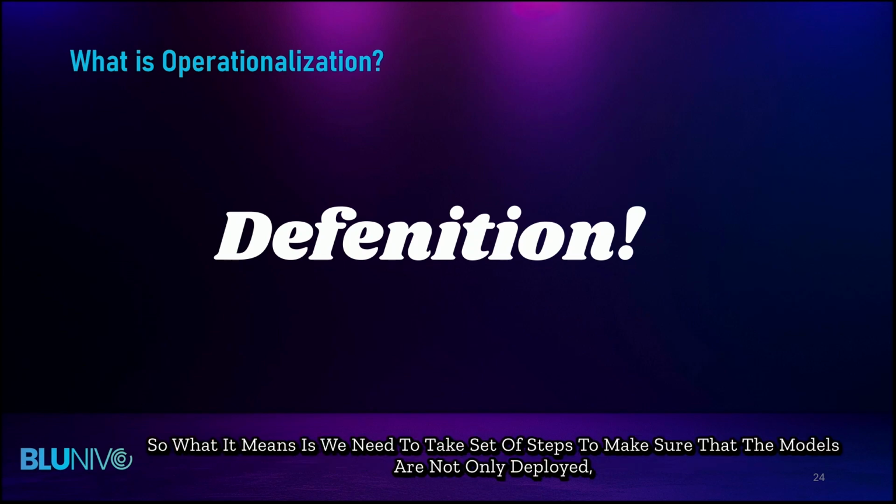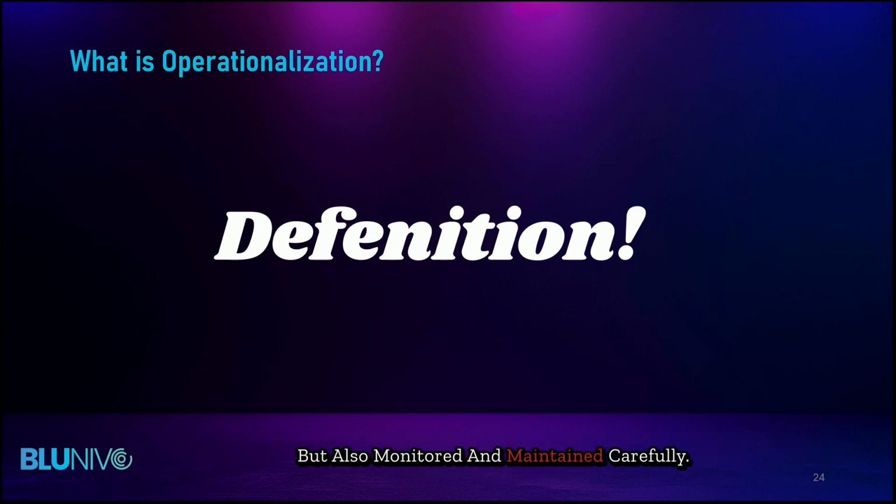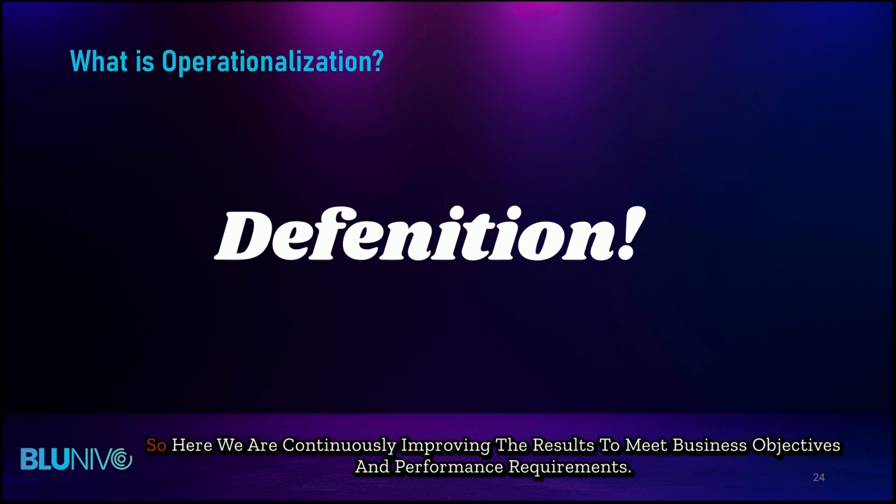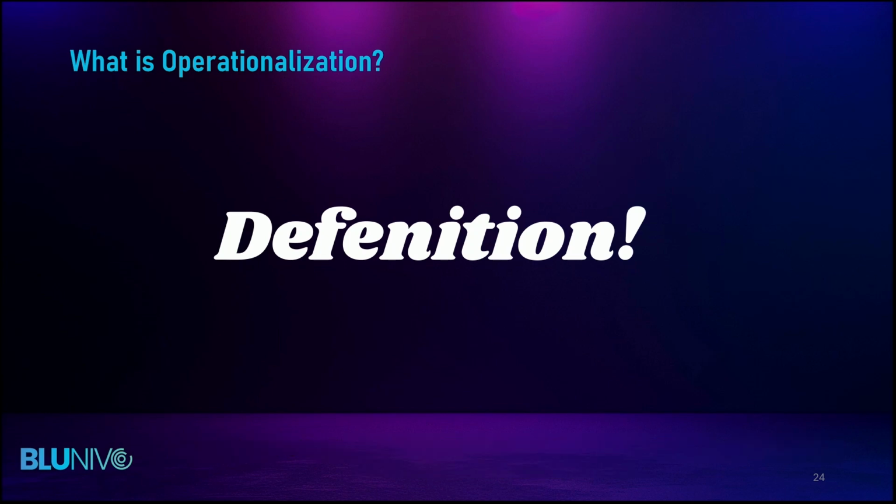So, what it means is we need to take steps to make sure that the models are not only deployed, but also monitored and maintained carefully. So here we are continuously improving the results to meet business objectives and performance requirements.